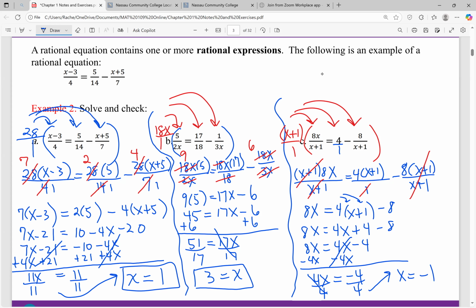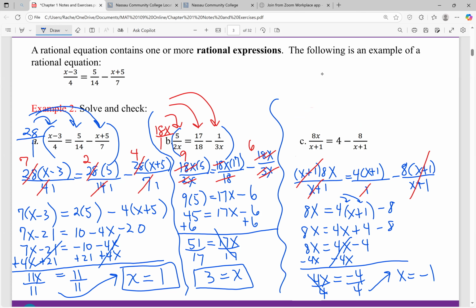But remember what I said about checking your answers. Always check your answers. Look what's going to happen in this case when I go to check x equals negative 1. So let's go back to the original. Let me just get rid of this around it so we can see it more clearly. Here's my original. Let's check x equals negative 1.